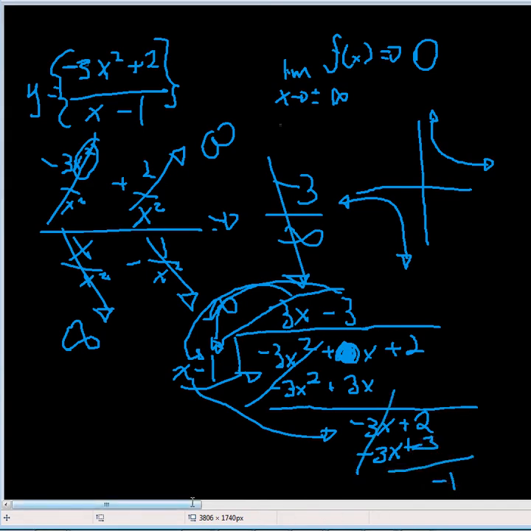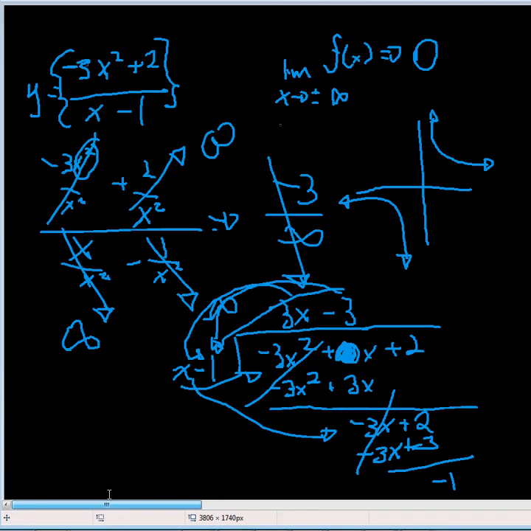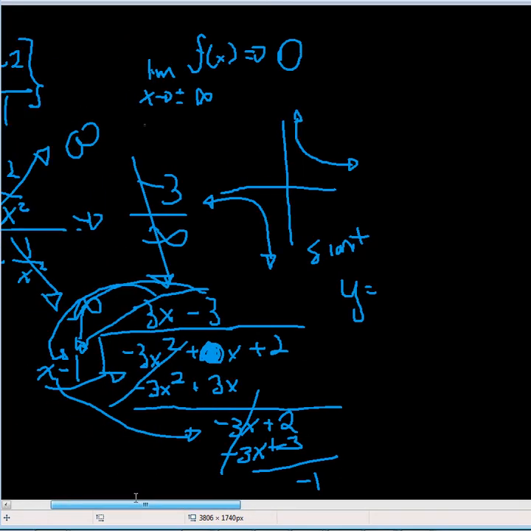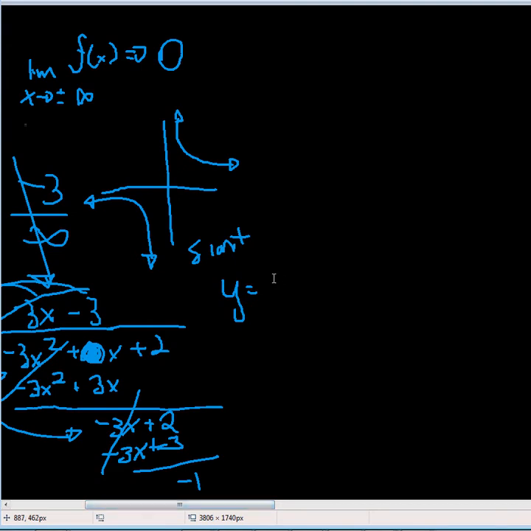And so what would be better is to say y, the slant asymptote, is going to be negative 3x minus 3 plus negative 1 over x minus 1.